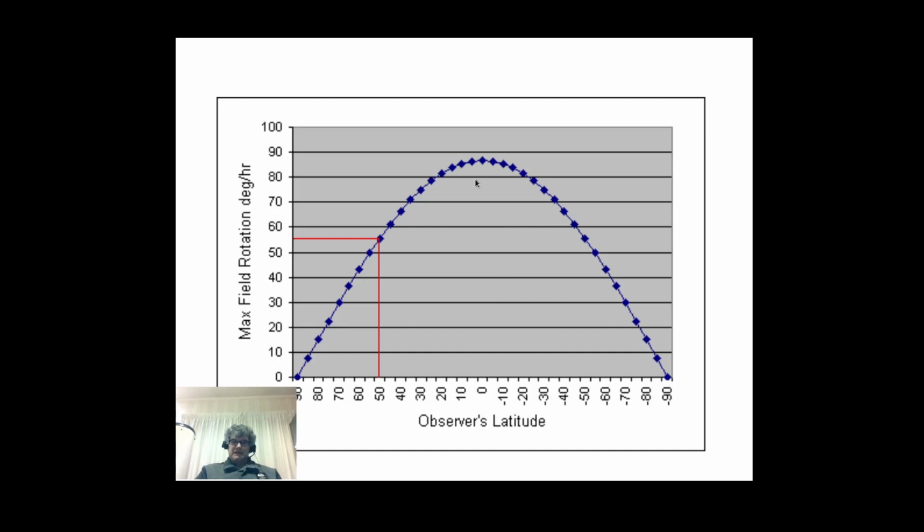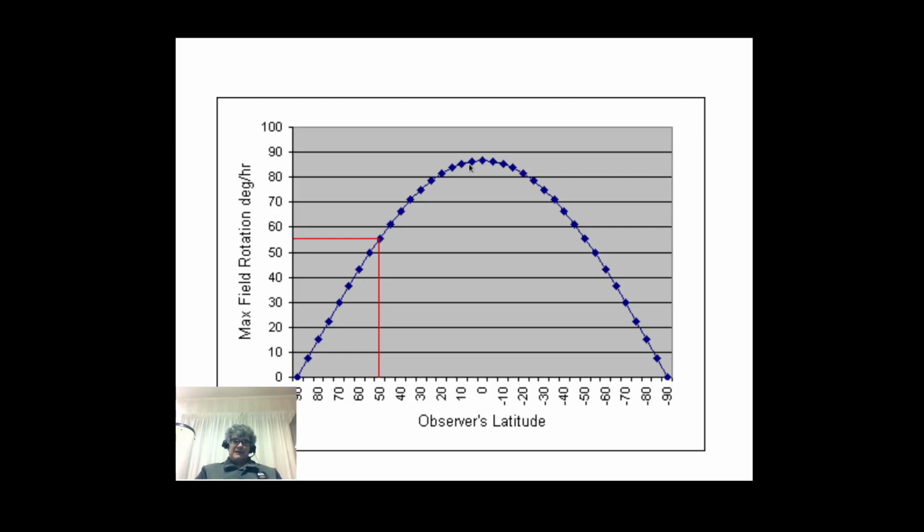Slightly different chart. This one shows the maximum rate of field rotation for any given latitude. You'll notice the greatest value for field rotation can occur at the Earth's equator.